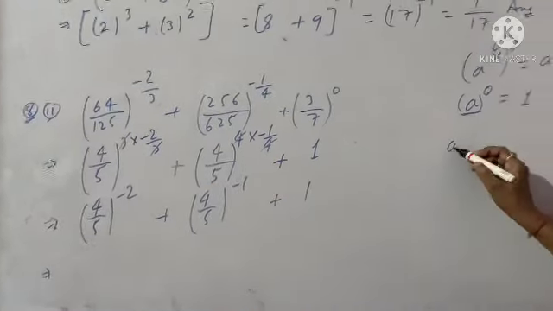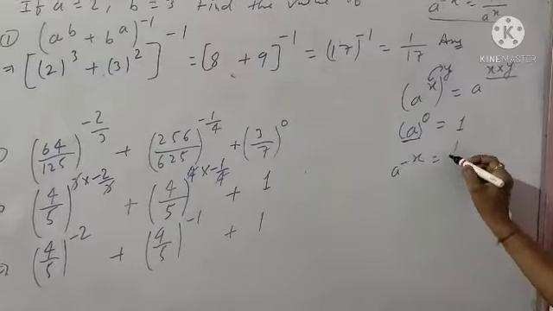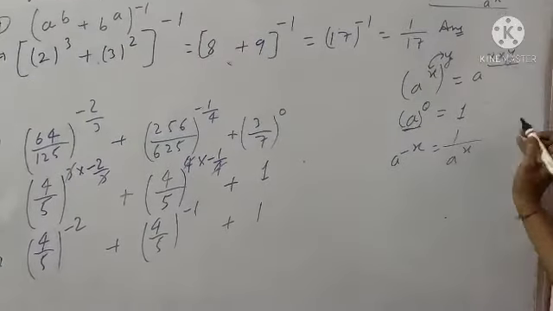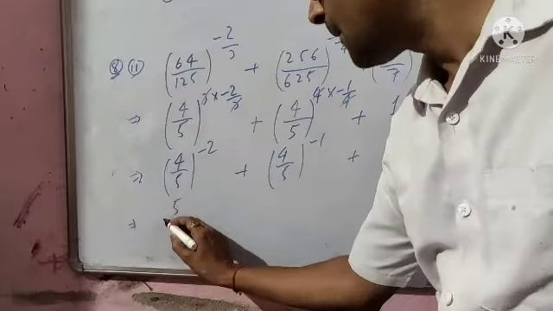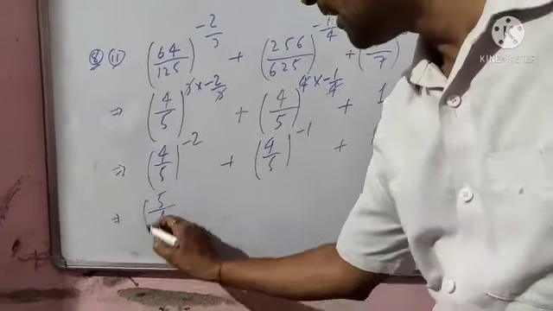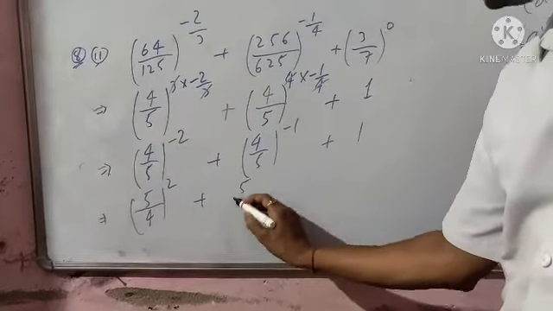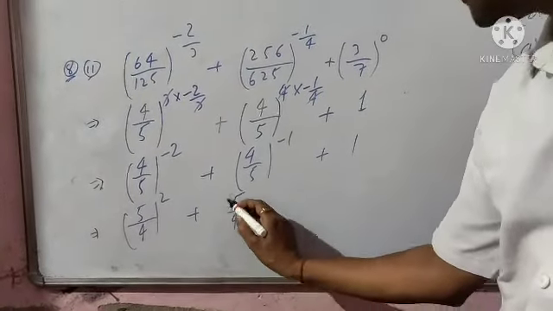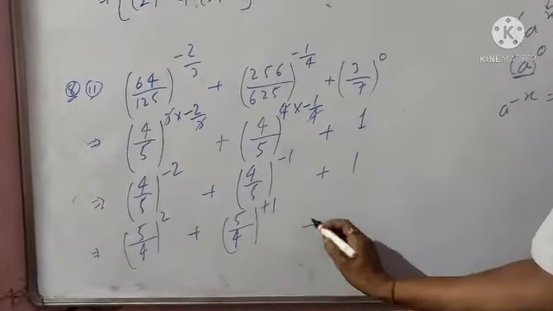Suppose a to the power -x is equal to 1 by a to the power x. That means 1 by this value, so we can write here 5 by 4, the whole power is 2, plus again this is 5 by 4, and the whole power is +1, plus 1.